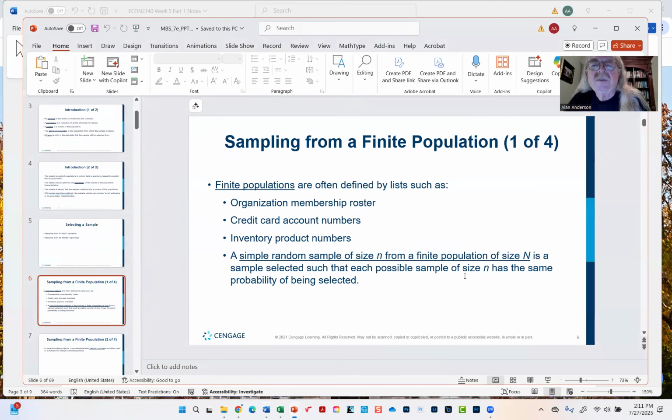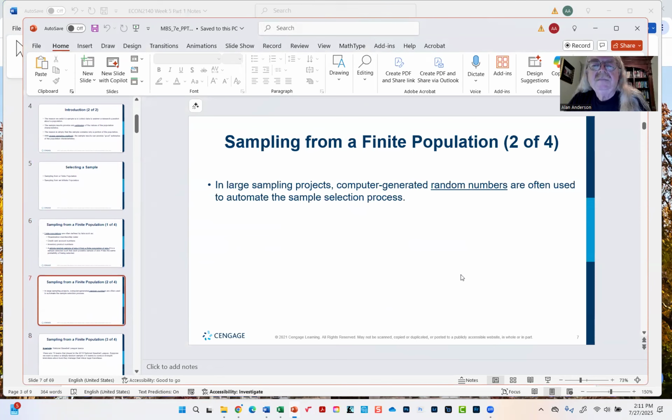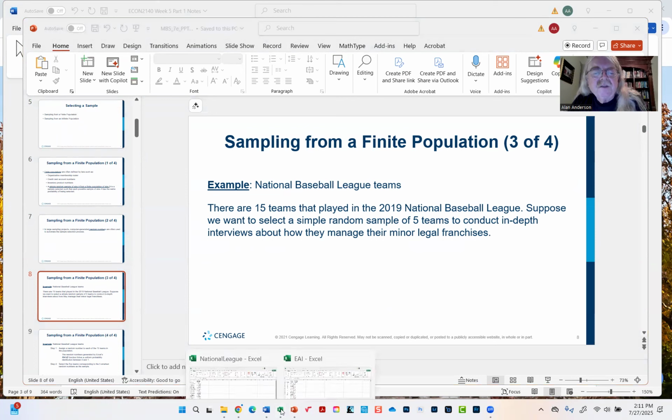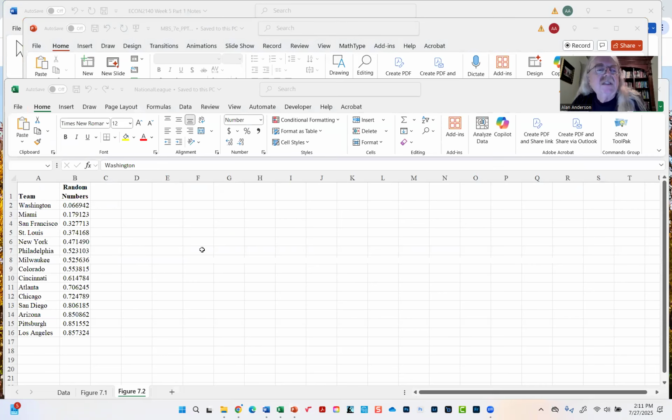So here they're mentioning the simple random sample. And they're also going to introduce us to the notion of random numbers. Now, generating random numbers is a very complex process, but we have in Excel a random number generator we can use. We're going to use this on the spreadsheet National League.